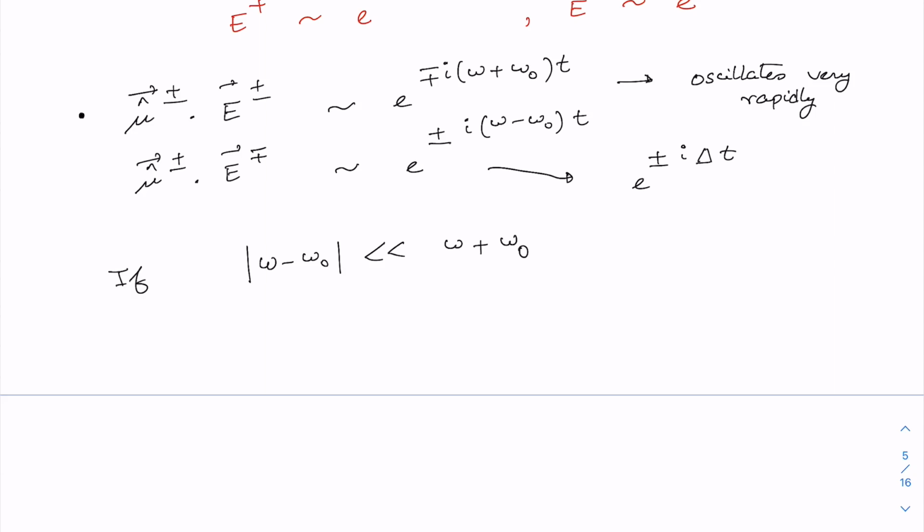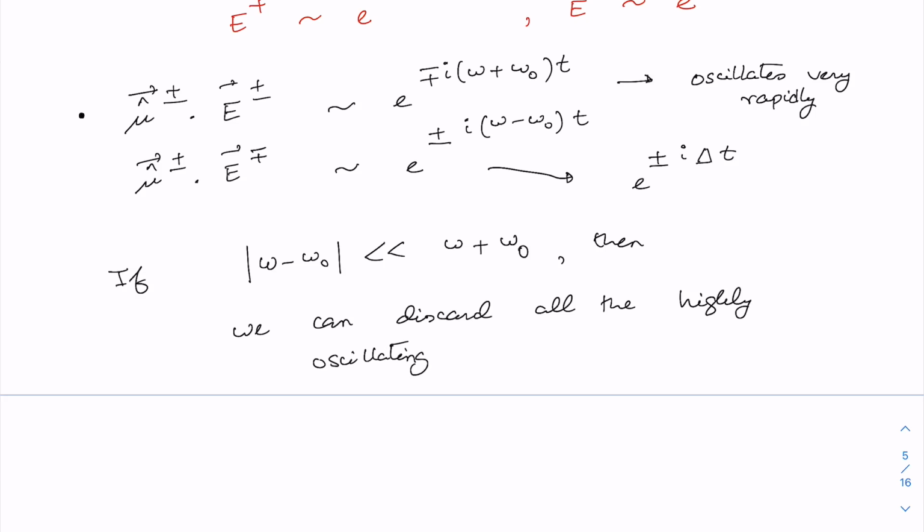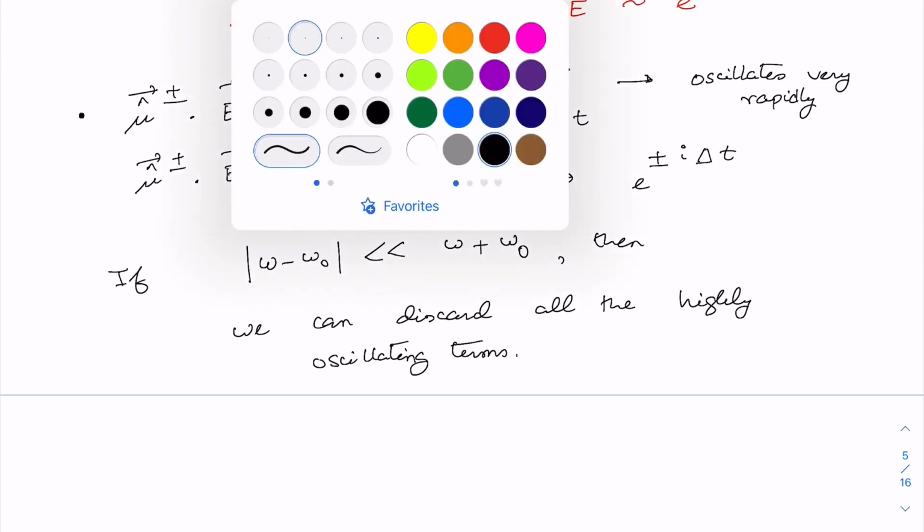So if this condition is there, then we can discard all the highly oscillating terms, and this approximation is widely used.